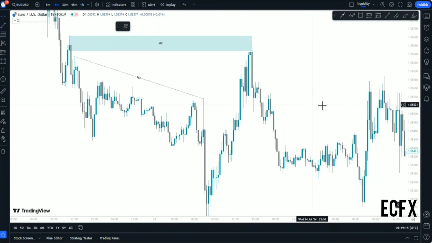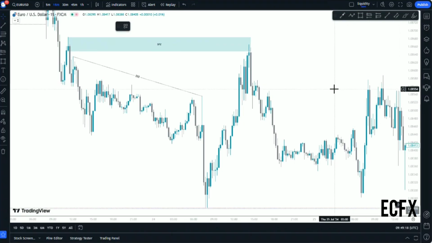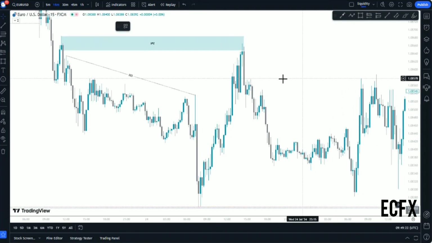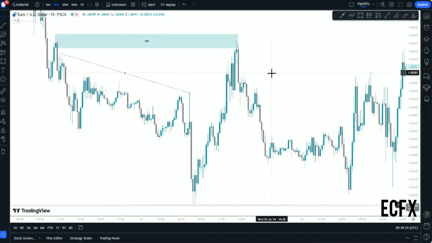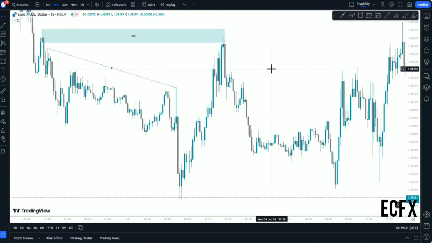The market basically gives everyone a chance to use their own strategy. It's not always going to be in our favor.